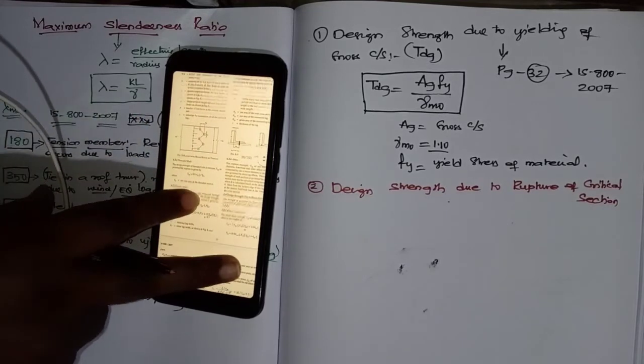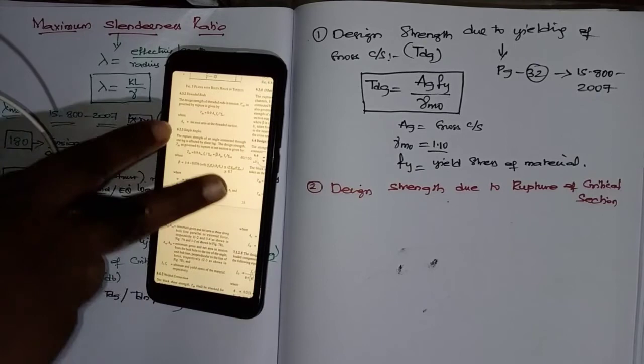Okay, now this is the formula for single angles.